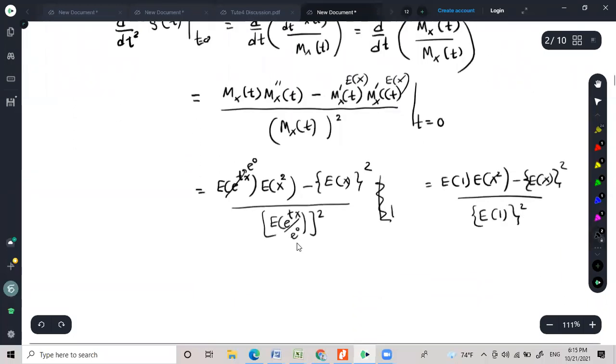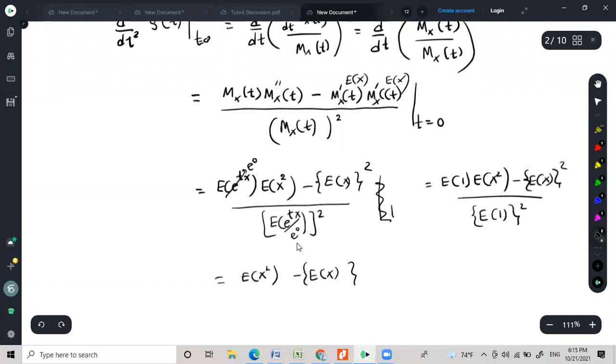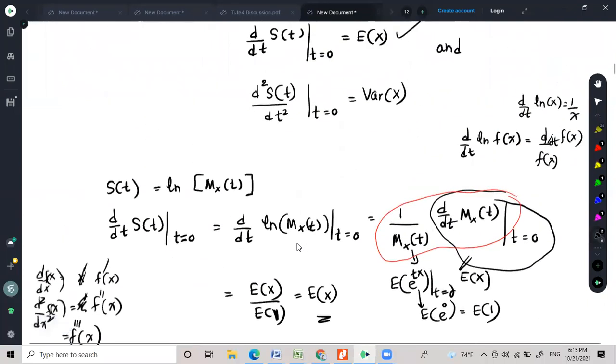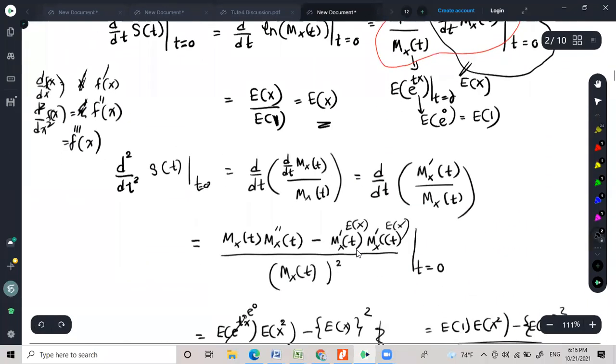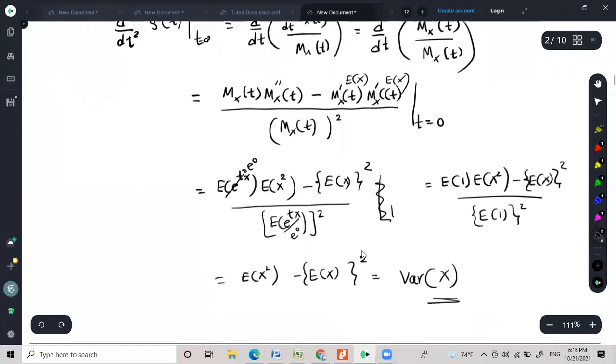And E[1] is simply 1. So what do you get? E[X squared] minus E[X] whole thing squared. And what is this? This is the computational formula for the variance. That's what you have to show. So what are the things that you are tested on in this question?